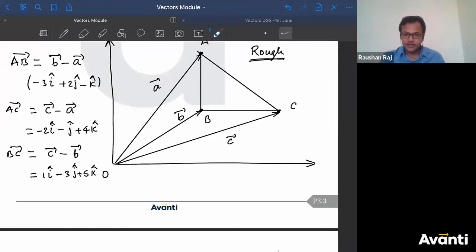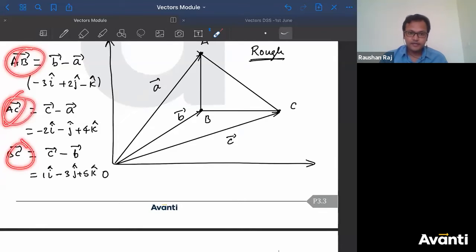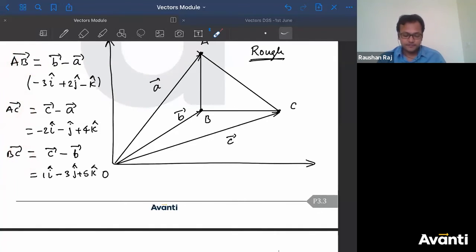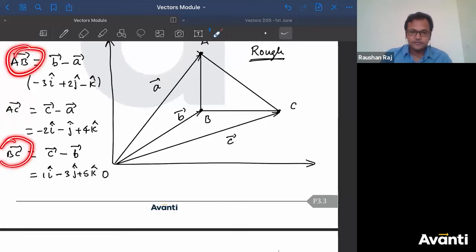If they are perpendicular to each other, then the dot product of any two of these will be 0, correct? So try to find AB dot AC, AC dot BC, and AB dot BC.